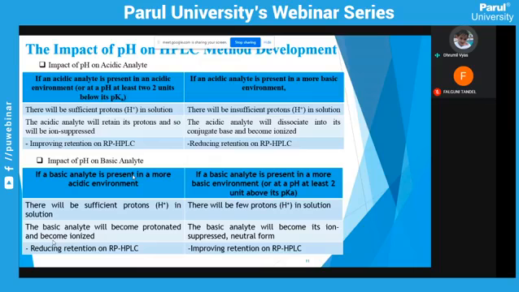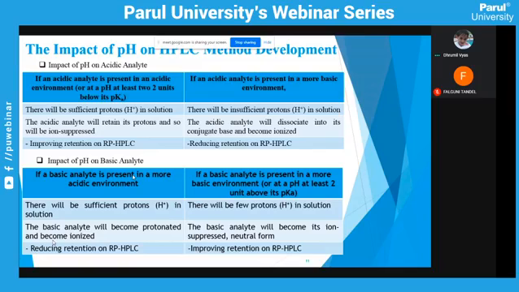Now we'll see how pH will impact acidic analytes and basic analytes in acidic and basic environments. If an acidic analyte is present in an acidic environment, there will be sufficient protons in solution.